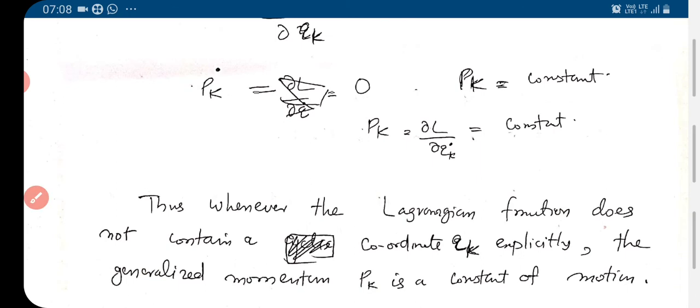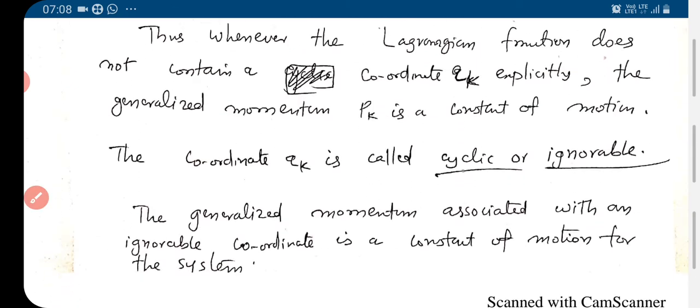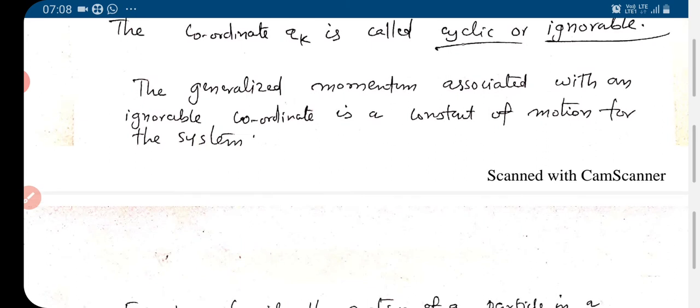So the generalized momentum associated with an ignorable coordinate is a constant of motion for the system.